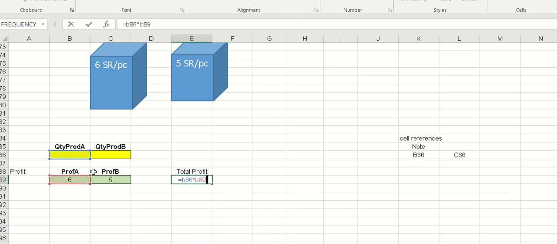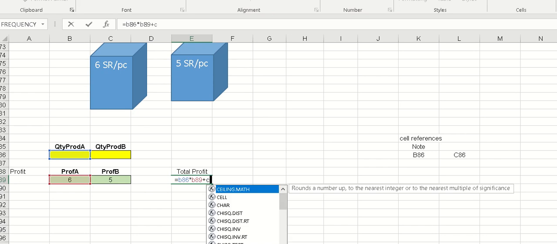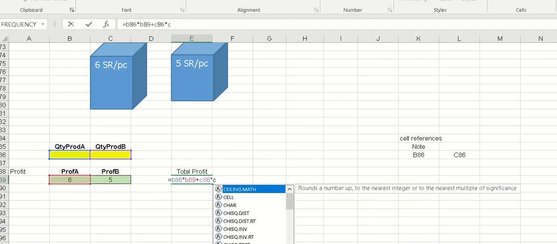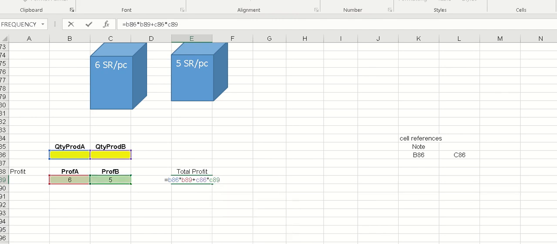What is B89? This one is B89, plus C86 times C89. So you can see here that if, for example, you have one quantity of product A and one quantity of product B, your profit is 11.